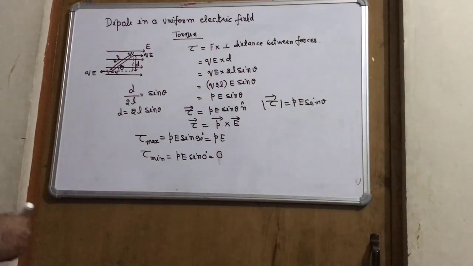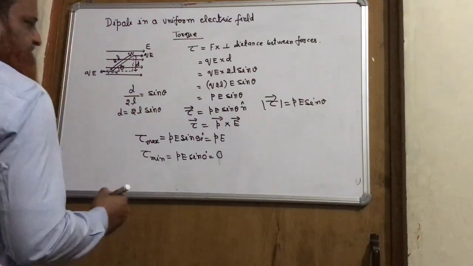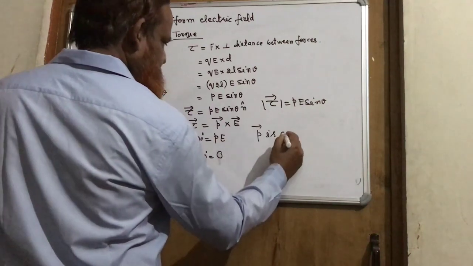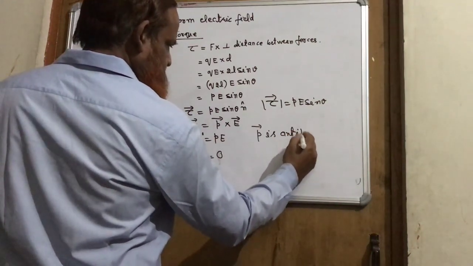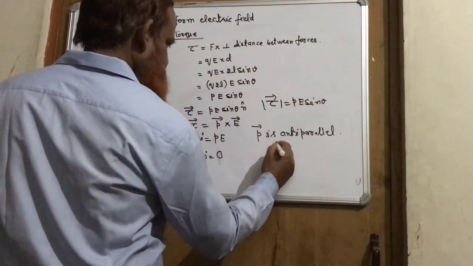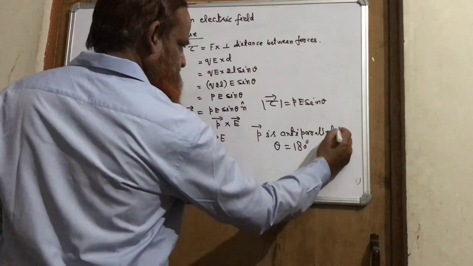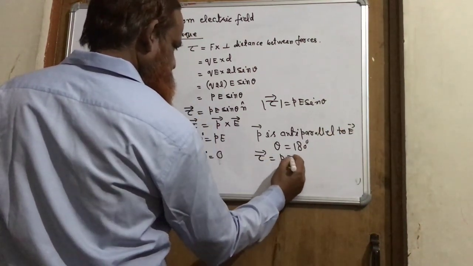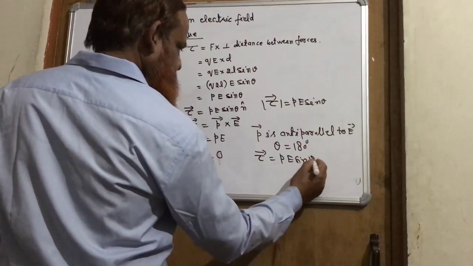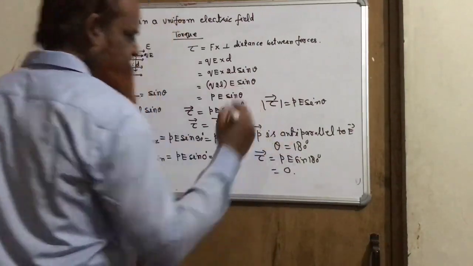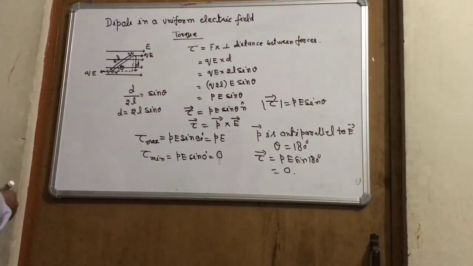And when the dipole moment and electric field are anti-parallel to each other, theta will be 180 degrees. So the torque will be equal to pE sin 180 degrees, and sin 180 degrees is 0, so it is 0.